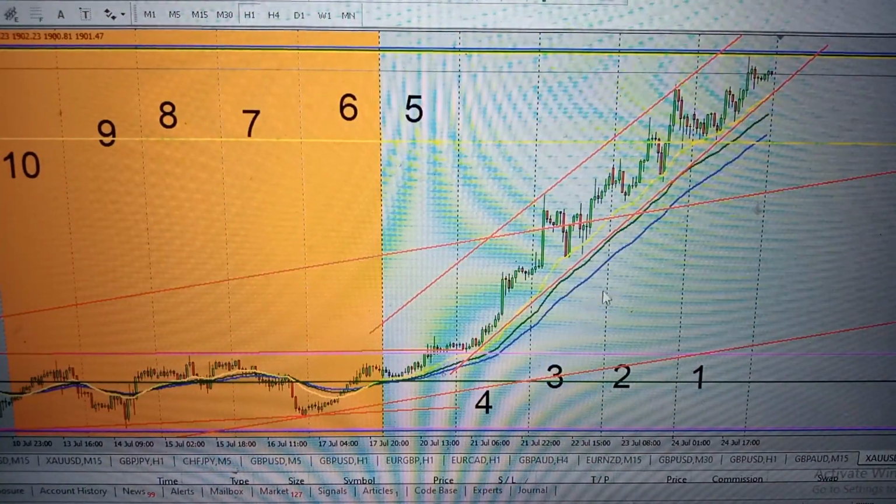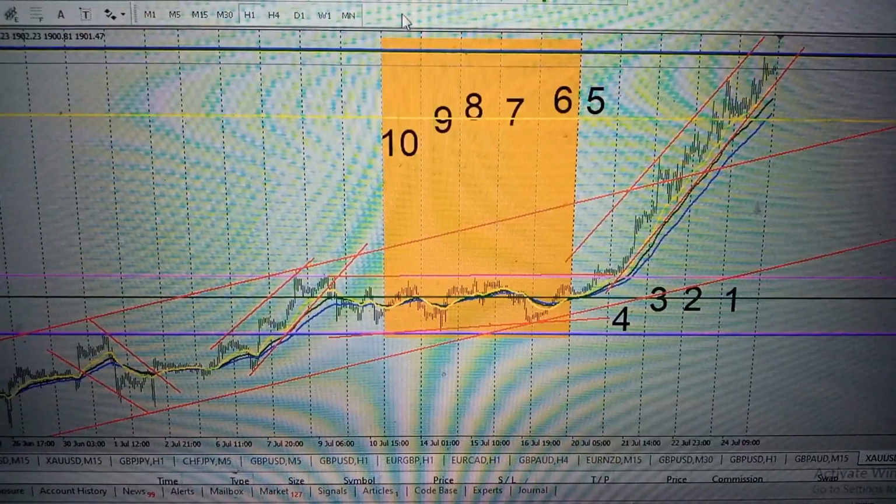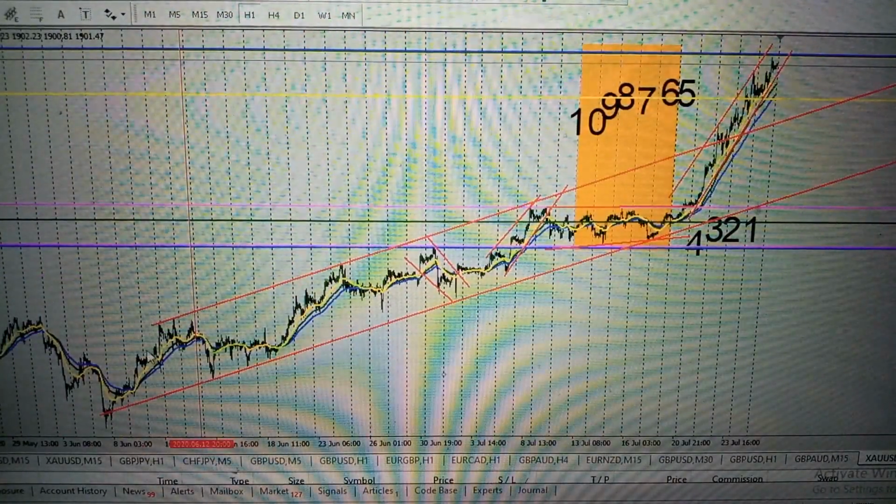It's a good strategy. You can use it to analyze places of resistance: strong resistance, major resistance, minor resistance, weak resistance. You can use it to identify your major trend or your minor trend. Like our major trend is this upward.